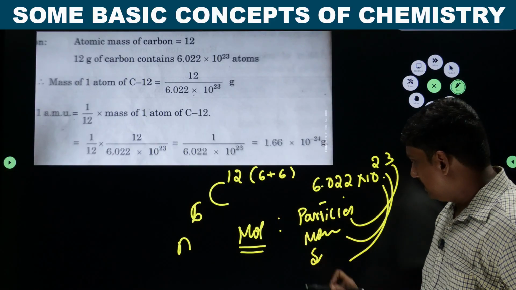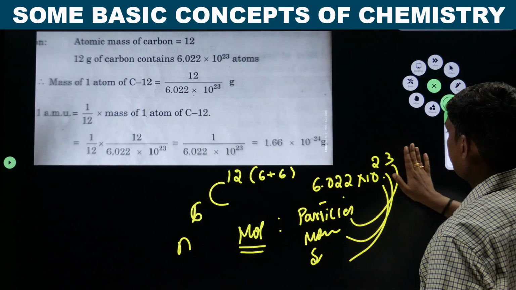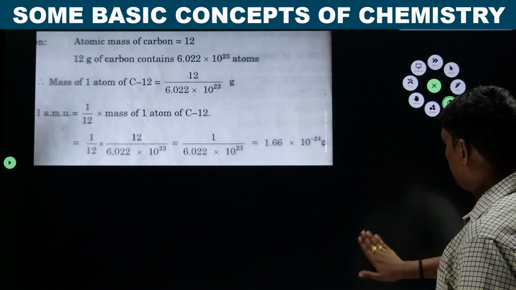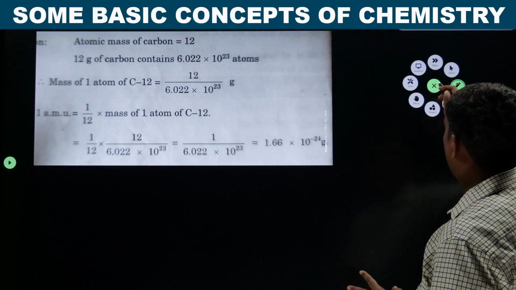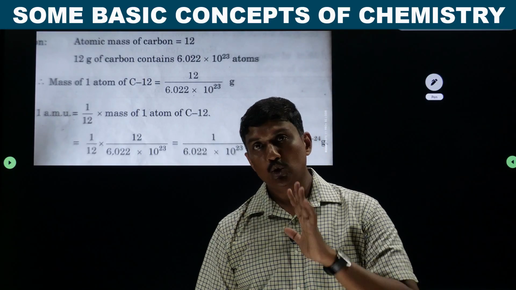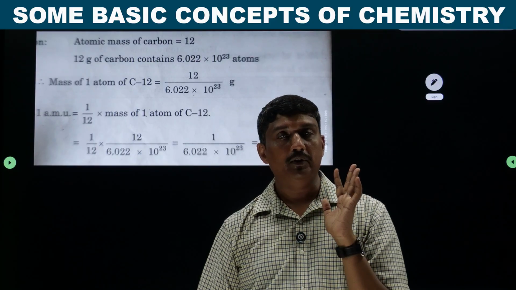So, another point arises. If I say 1 mole of carbon, you know the number of particles is 6.022 into 10 to the power 23.